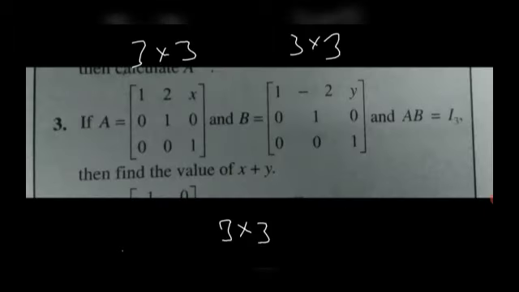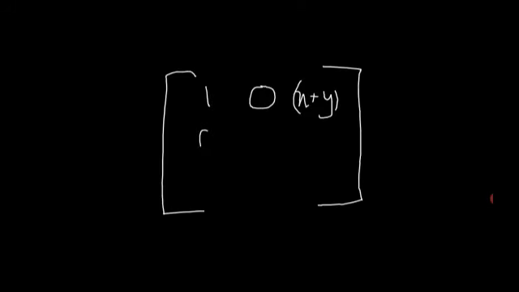Next here, you have to do it on your own. I can do it because I have solved many sums, but you have to do it on your own when you practice. So it will be 2 plus 1. Once again, 0 into 0, 1 0 0 0 0, everything will be 0.